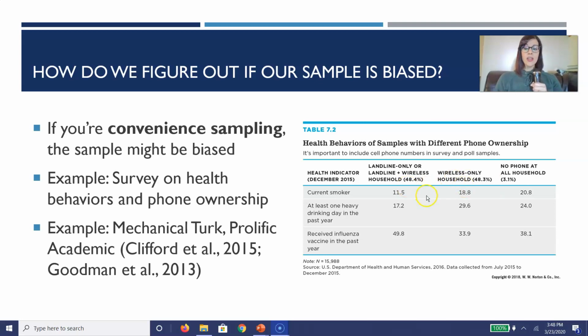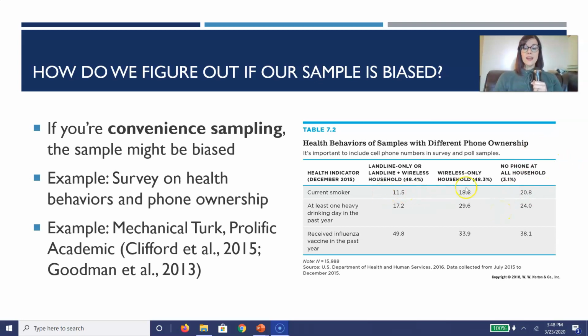So let's take a look at how different the data are between these groups. For our landline only and landline and wireless groups, about 11.5% are current smokers. 18.8% of wireless only households are, and about 20%, over 1/5 of the no phone at all group, which is this 3%, are current smokers.